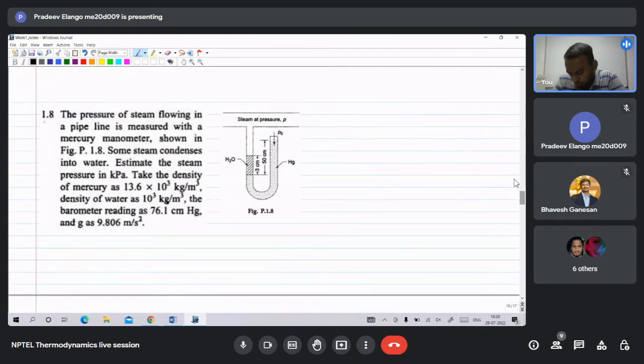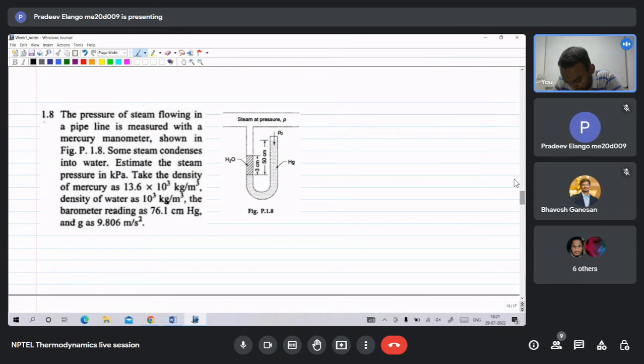Moving on to the next problem, we have the pressure of steam flowing in a pipeline, which is measured using a mercury manometer as given in the figure. Some steam condenses into water in the column, and we need to estimate the steam pressure in kilopascals.